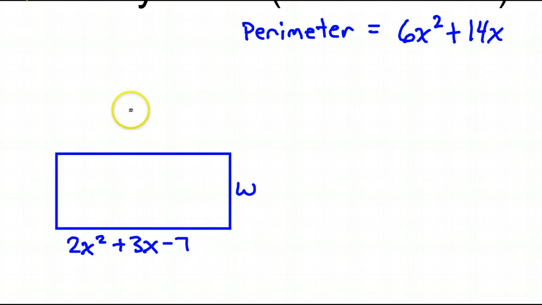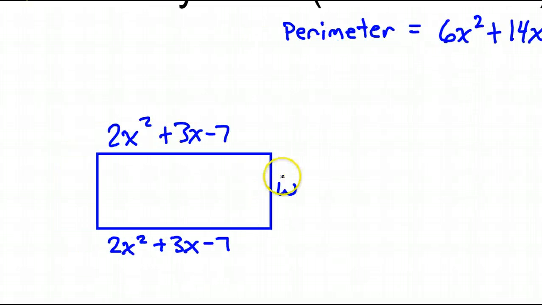Well, if the length is 2x squared plus 3x minus 7, then that's going to be true on both sides of this rectangle. So let's label it up here too. So that's 2x squared plus 3x minus 7. Okay, and if the width is W, then that's going to also be true on both sides.